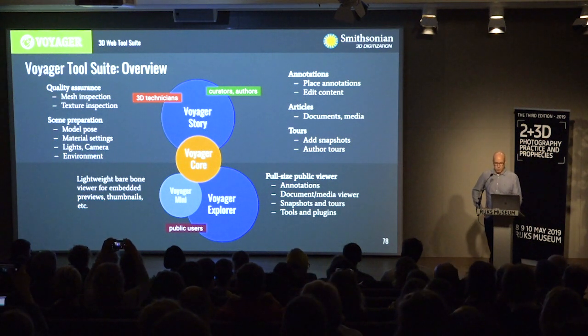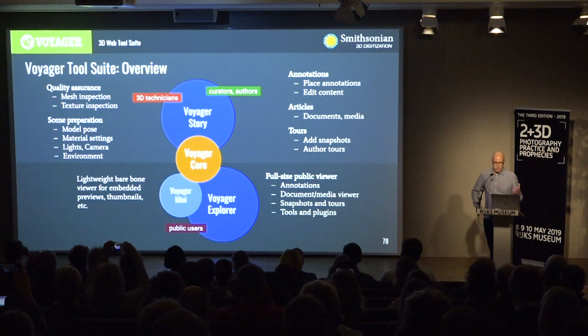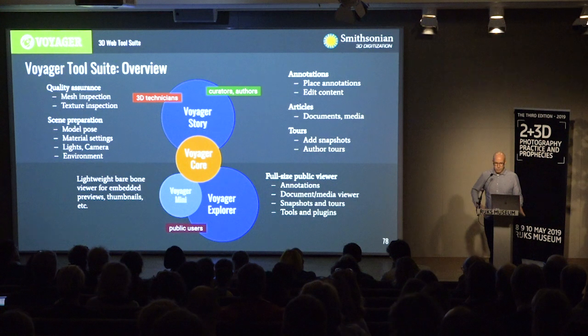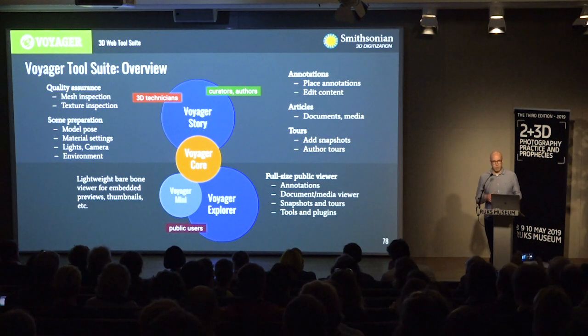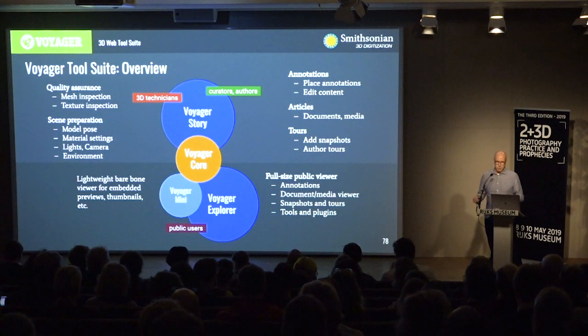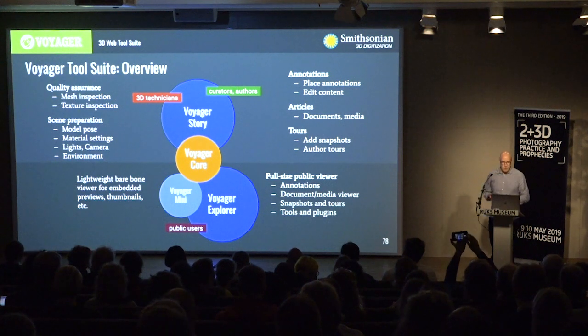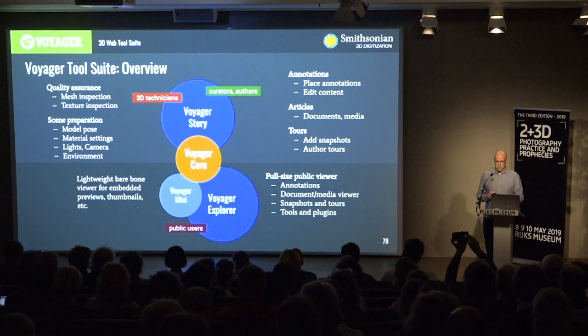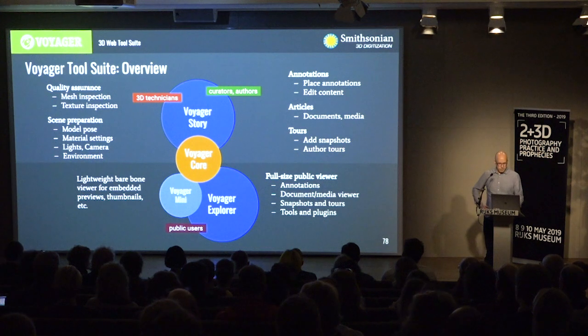Everything has a common core module, but in the backend, we also have Voyager Story that we use to do two different things. We provide this to 3D technicians to do quality management, quality inspection, and technical checks on the models. And then we also give this tool, Voyager Story, to curators and authors, so they can do things like adding annotations, articles, create entire guided tours.